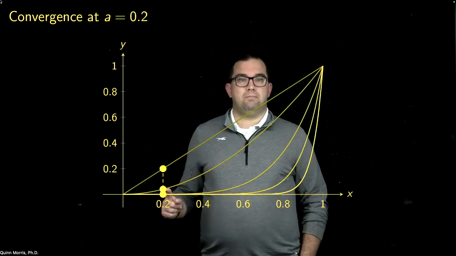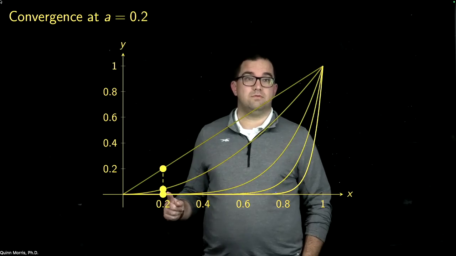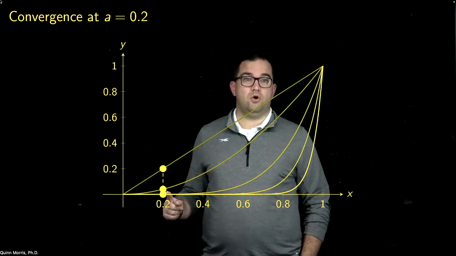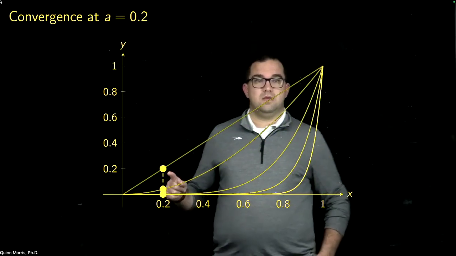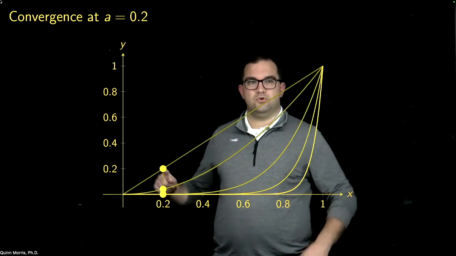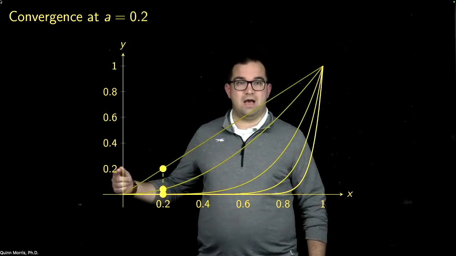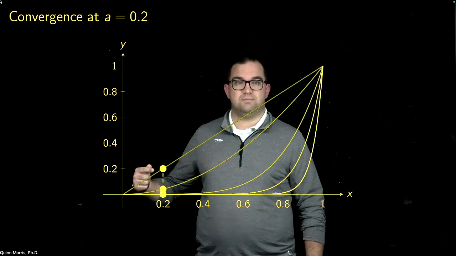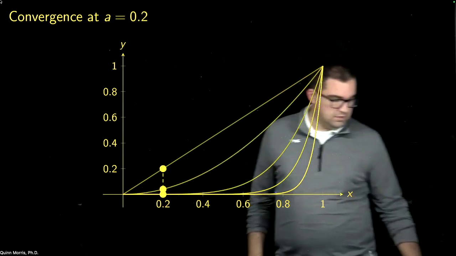When I plug in 0.2 to f sub 2, I get 0.2 squared, which is 0.04. And then I keep going. My f sub n of a values are just the y values of these points. Those y values are converging to 0.